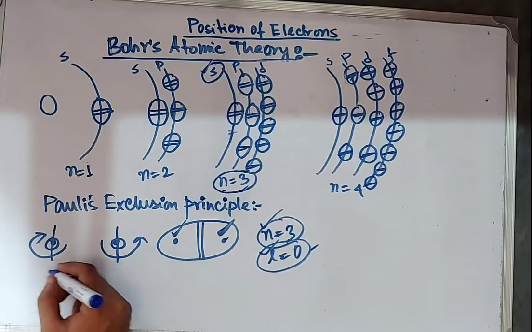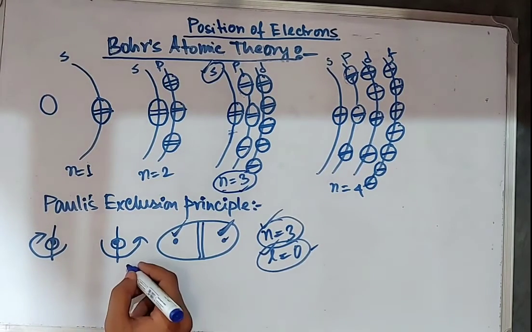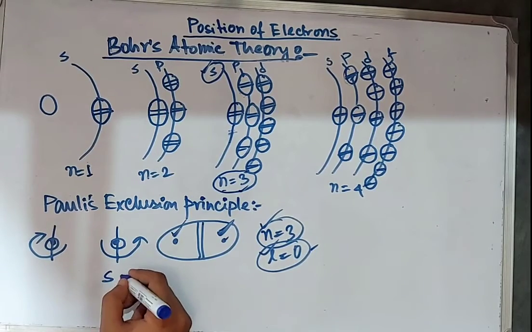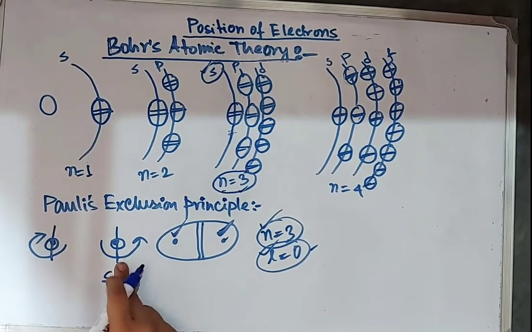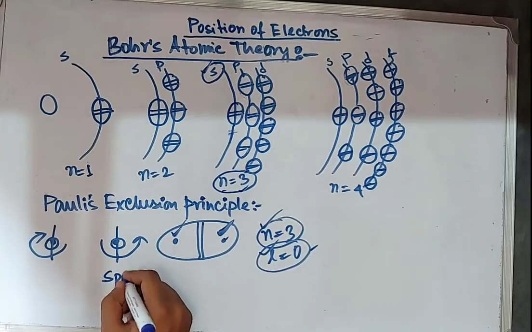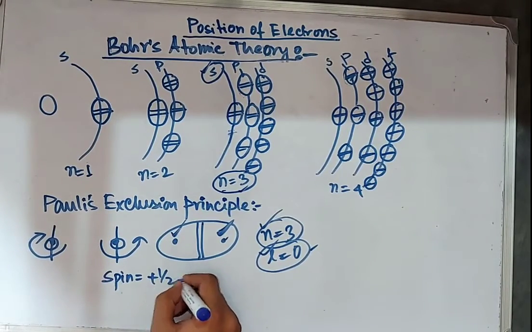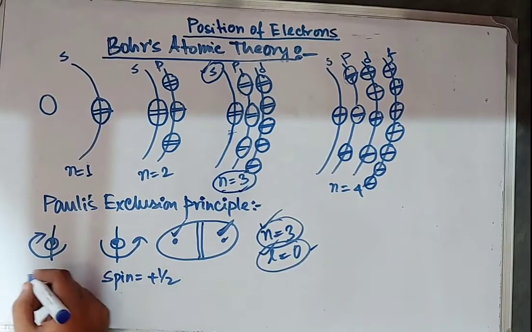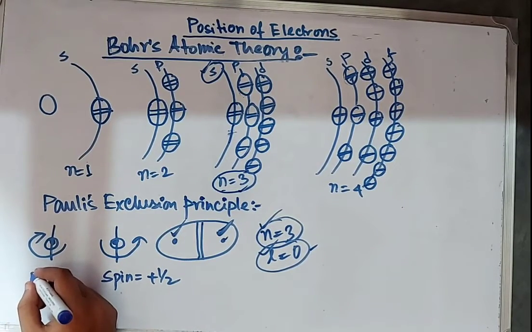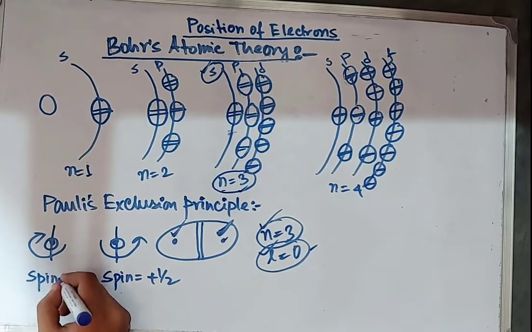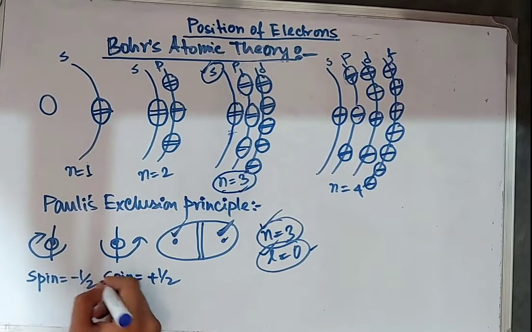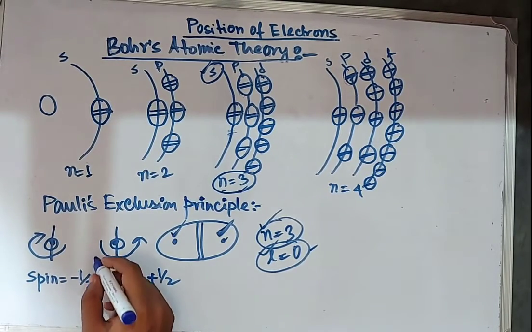If we consider the anti-clockwise direction, then the spin quantum number is represented by plus half, and if the electron is moving in clockwise direction, then the spin quantum number is denoted by minus half.